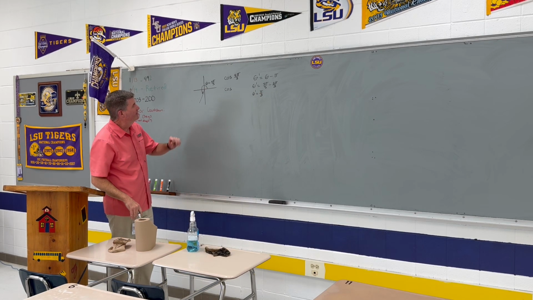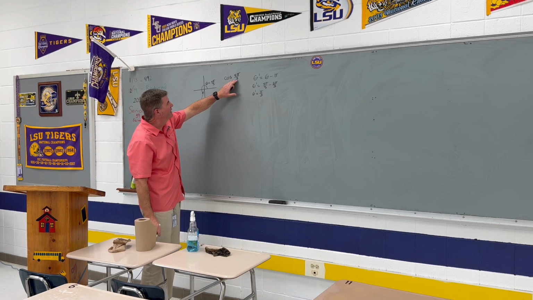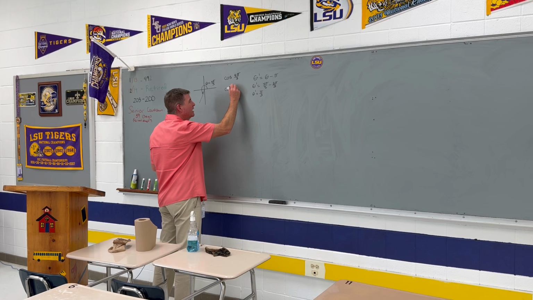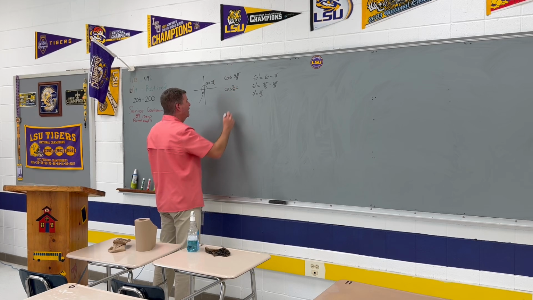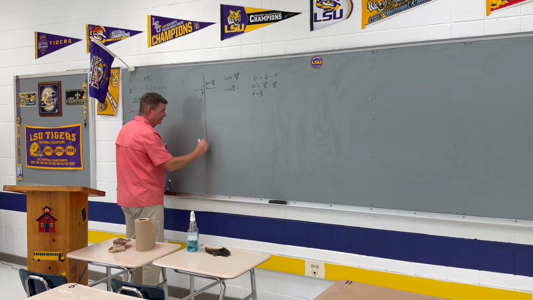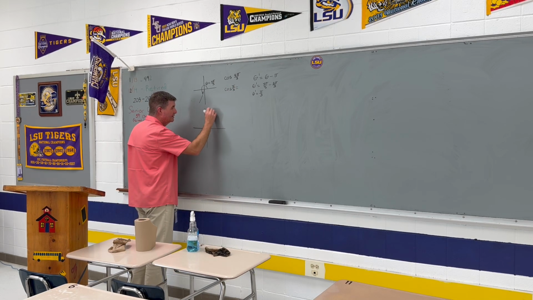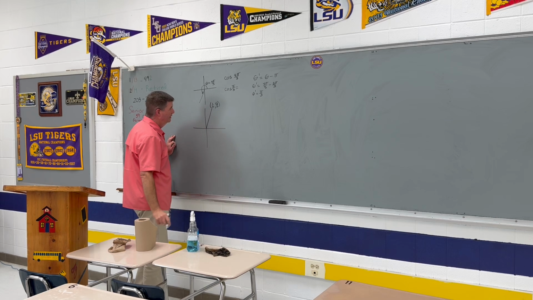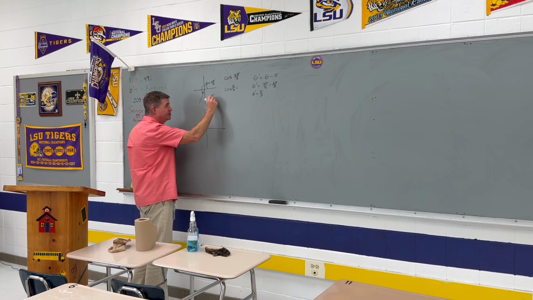So that's the first thing we're going to do. Since we're trying to find the cosine of this, we're going to find the cosine of the reference angle. Cosine of pi over 3. Well, I know that for pi over 3, the ordered pair is 1/2, square root of 3 over 2. Again, that's one that we need to make sure we know.